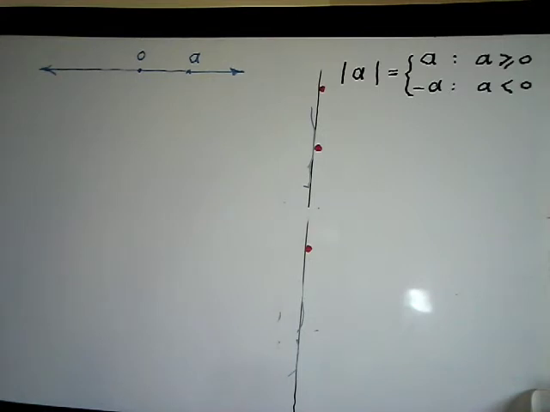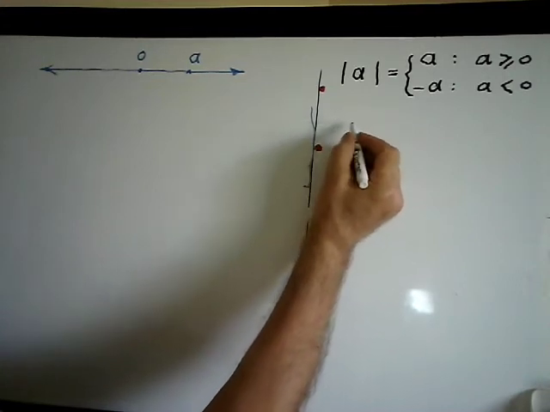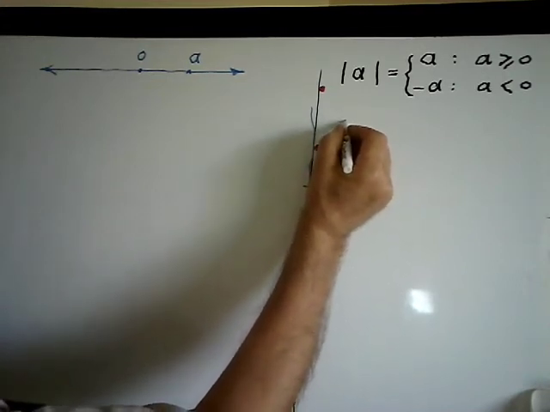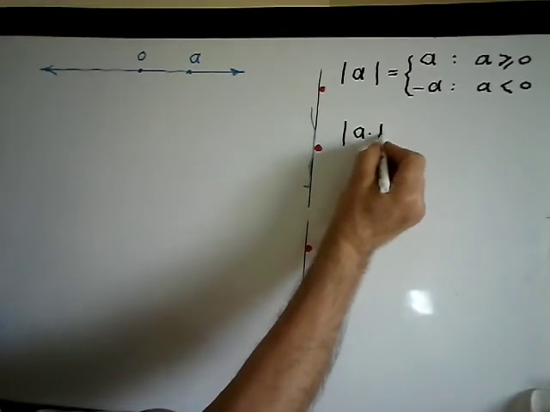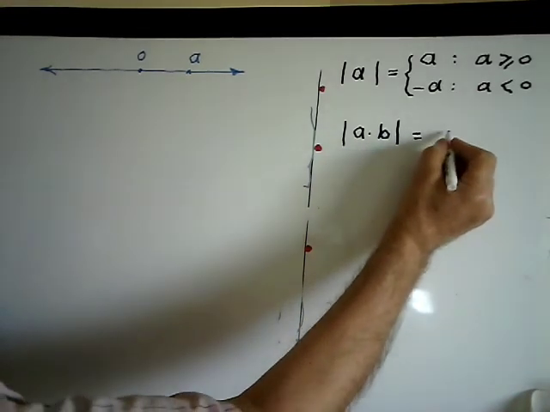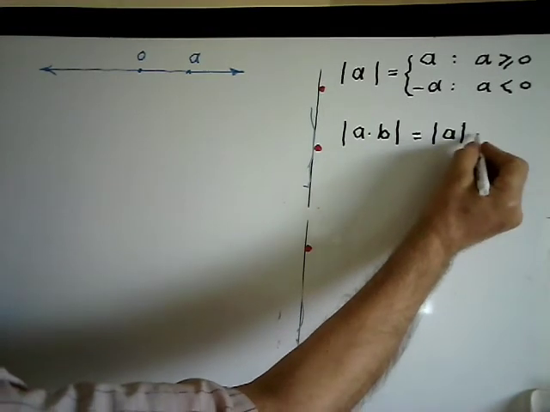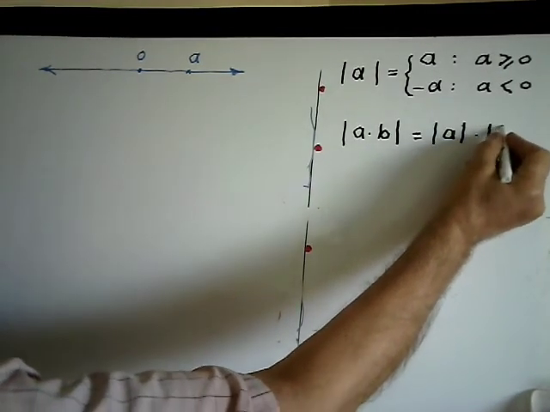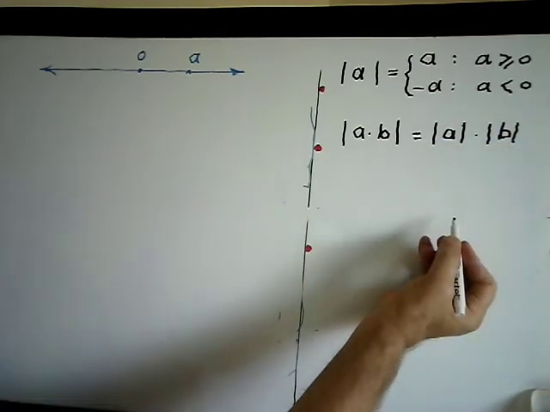absolute value. And the rules we discussed already, number 1 was absolute value of A times B is equal to absolute value of A times absolute value of B. This is the first one.